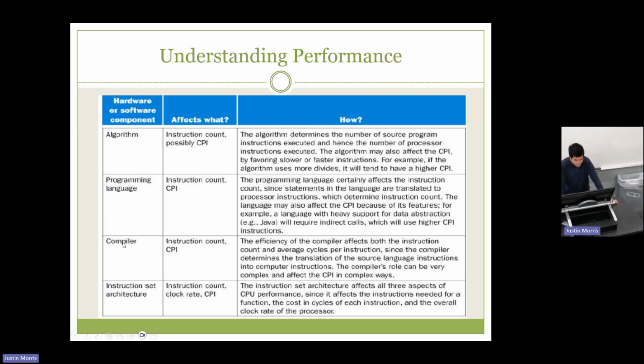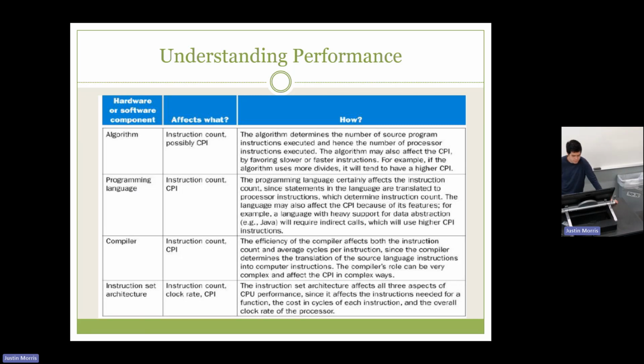And again, your compiler. Your compiler can be very bare bones and just directly translate your high-level code, but some compilers have better optimization. We had an example in the last lecture where the compiler was choosing between two different paths.